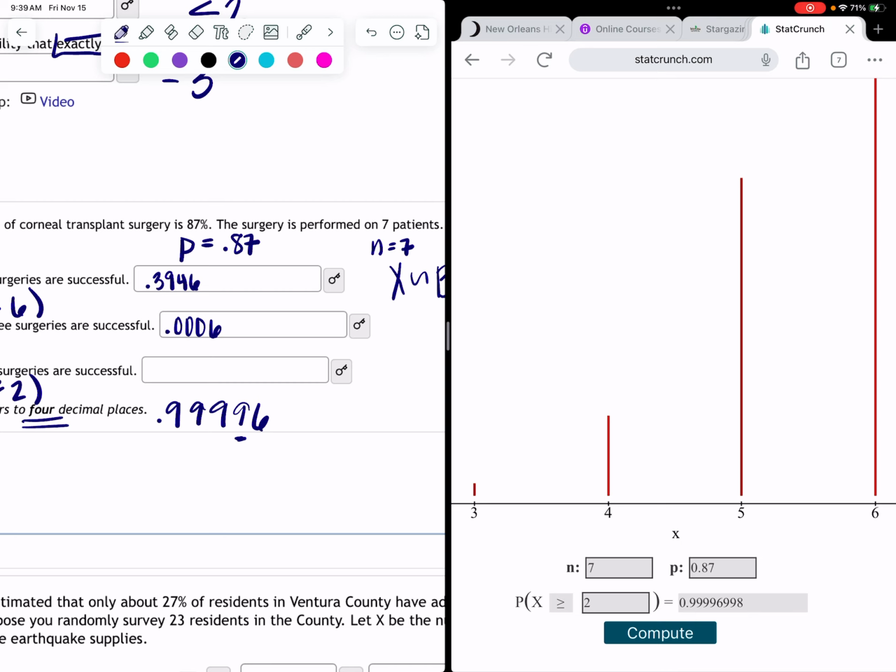So I look at the 6. 6 is bigger than 1, so I bump the 9 up to 10. But that bumps this guy to 10, which bumps this guy to 10, which bumps this guy to 10, which makes this approximately 1.0000.